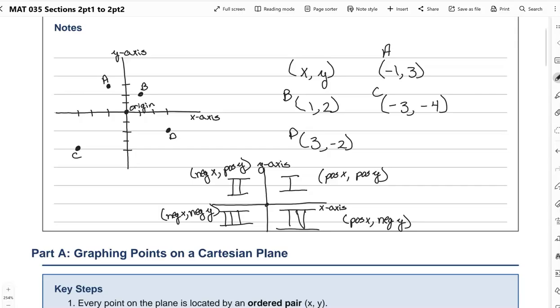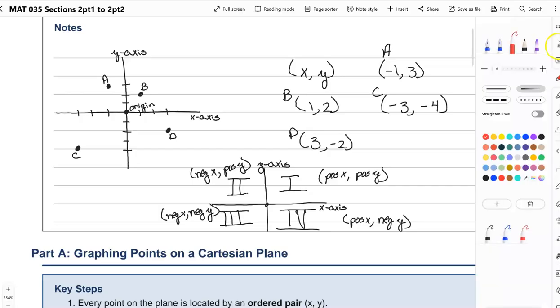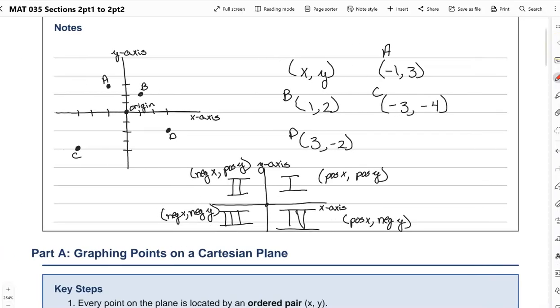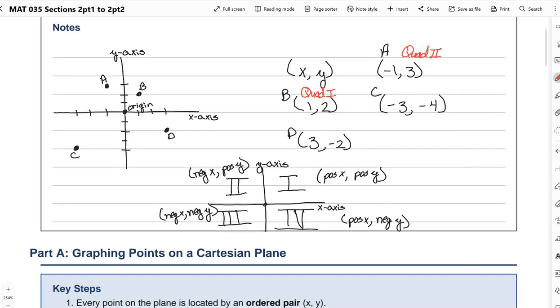So if we're going to identify where each of those points that we had above lives, we could do that. So B is in quadrant 1 with a positive x and a positive y. A lives in quadrant 2, has a negative x because we moved to the left, and then I moved up, so I had a positive y.